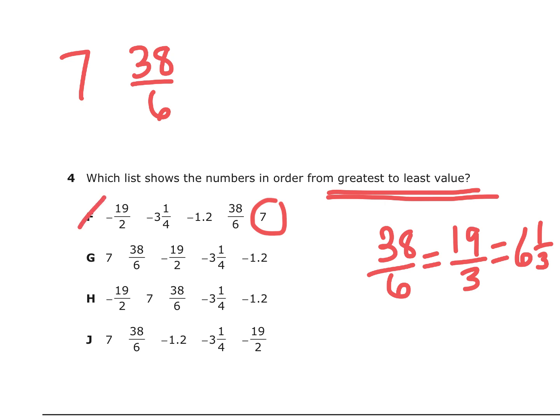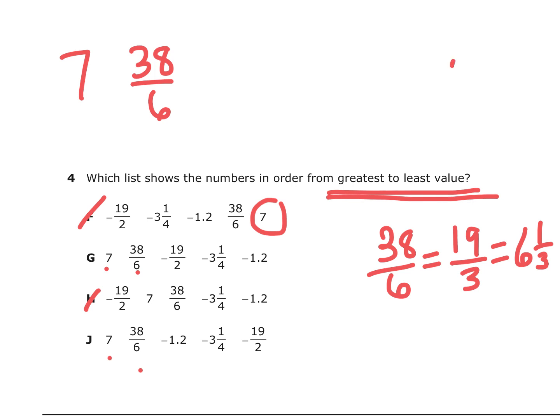Negative 19 halves is not the largest one. It could be maybe G or maybe J, but it can't be H. So we're going to rule those out. So the answer is either G or J. Both have a 7, and then they both have a 38 over 6. So then it comes down to the next number in line, negative 1.2 or negative 19 halves.